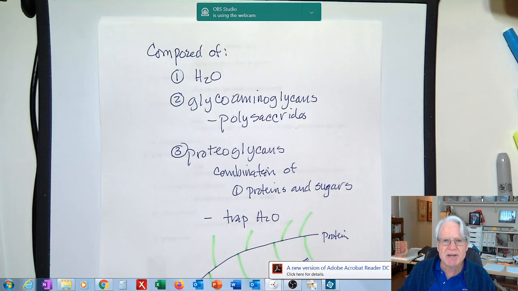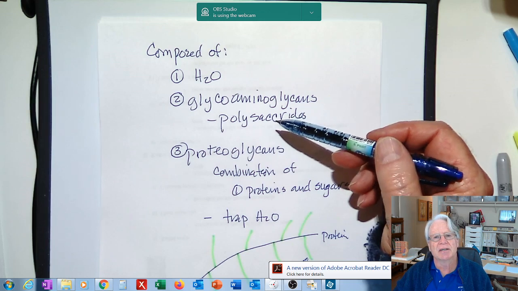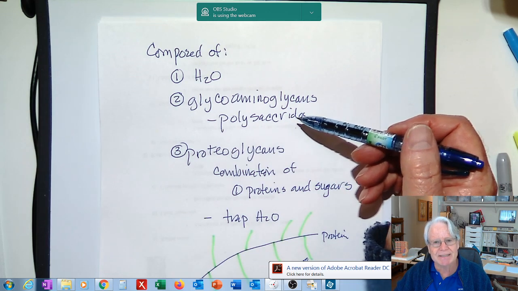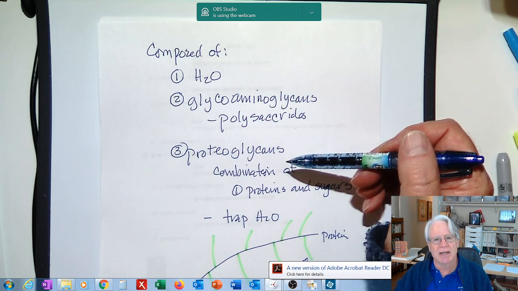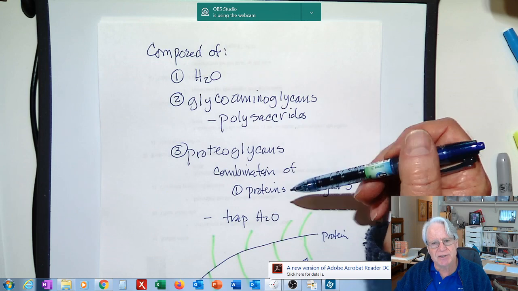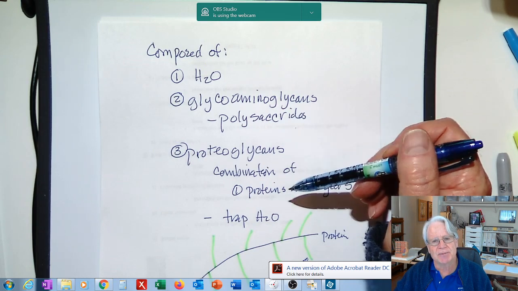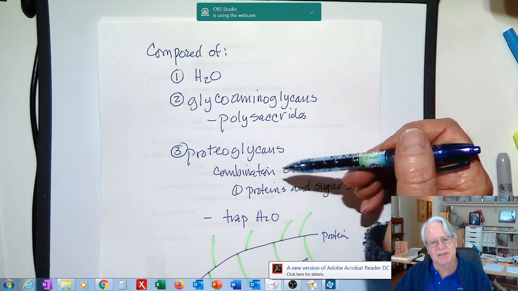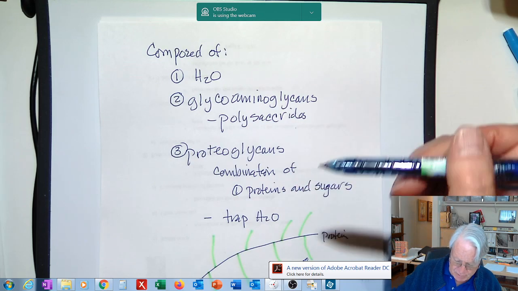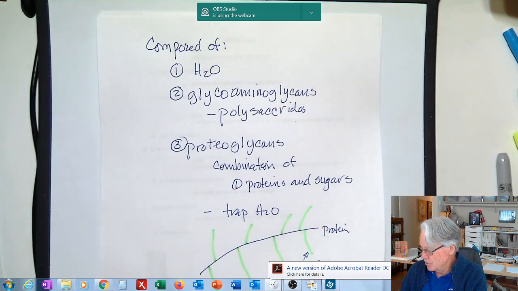So it's the combination of the glycosaminoglycans and the proteoglycans that create the consistency and the nature of the ground substance. Embedded in this ground substance are going to be fibers. So let's talk about those fibers.